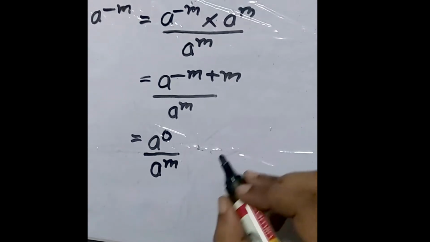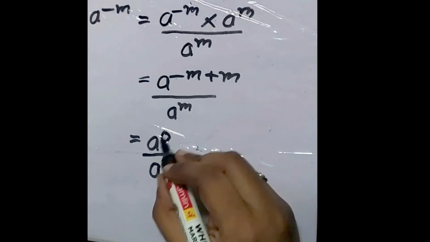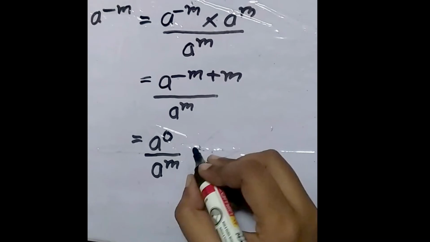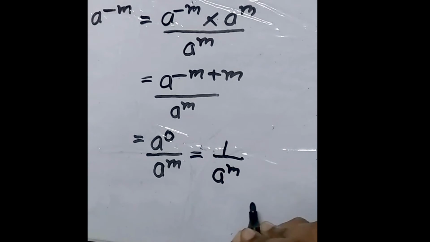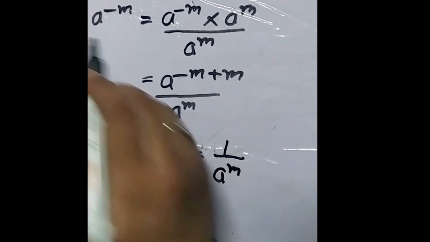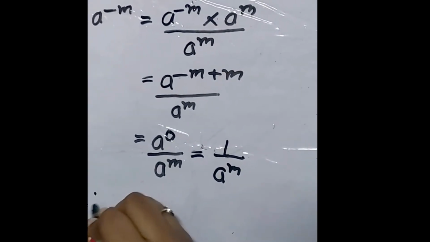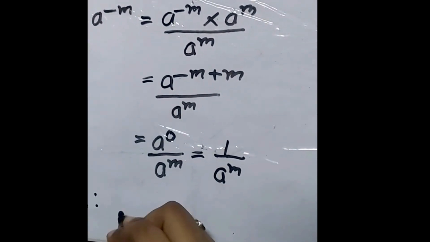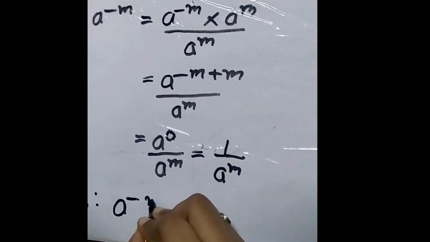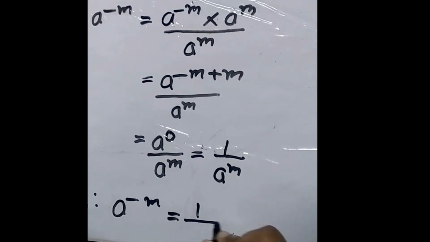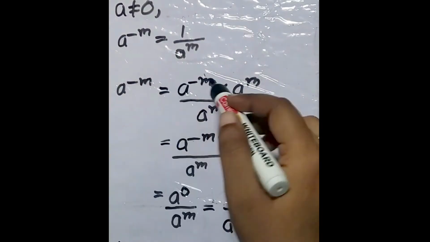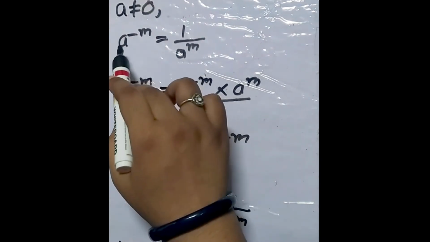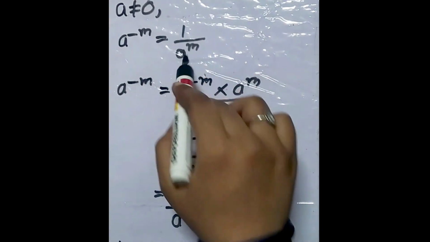We have seen just now that anything raised to 0 is 1. So it equals 1 upon a raised to m. Therefore a raised to minus m equals 1 upon a raised to m. So this is how you get this formula. Instead of doing all this calculation, whenever you have a negative index, you can directly use this law.